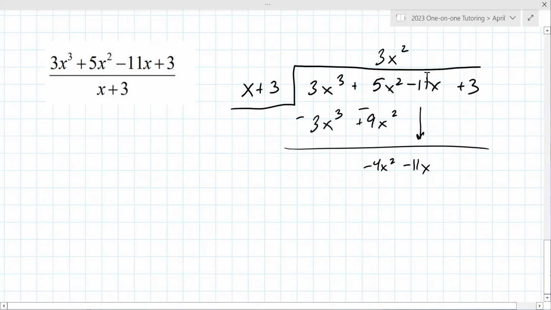And then let's see. So you can also do it in pieces: what do you multiply x by to get the x squared? And that's x. Okay.